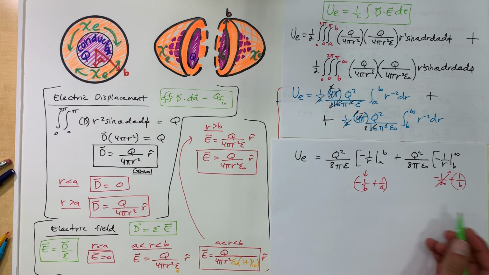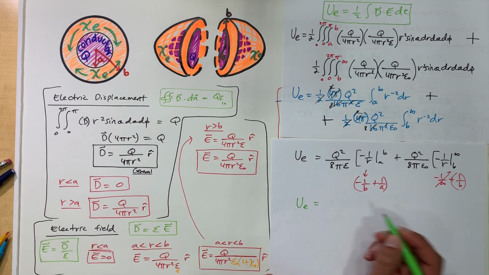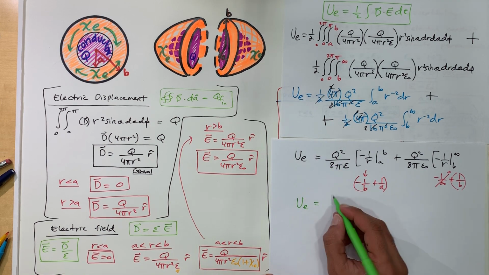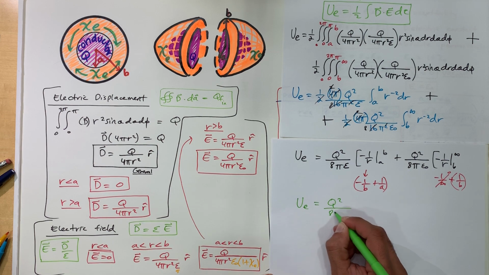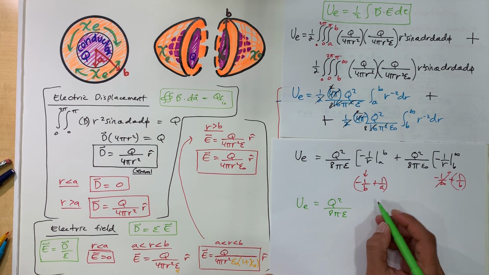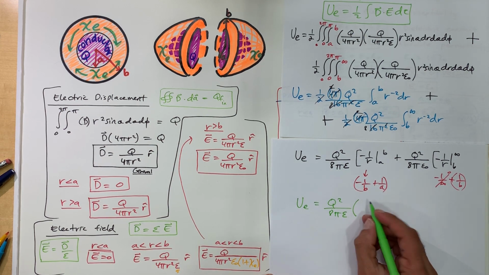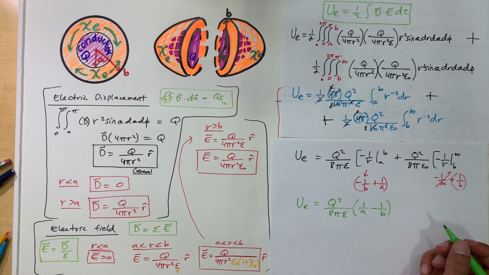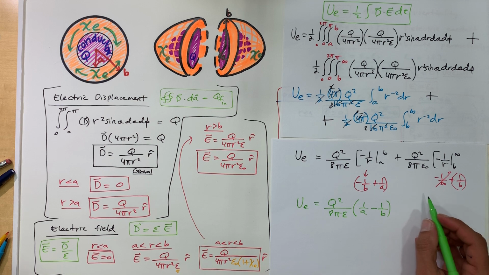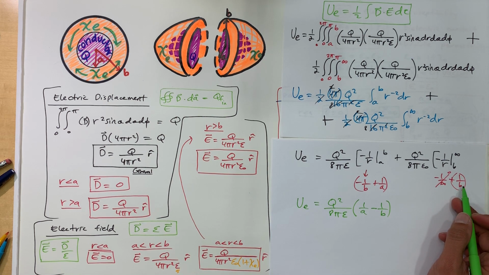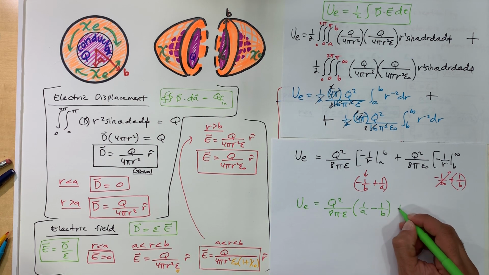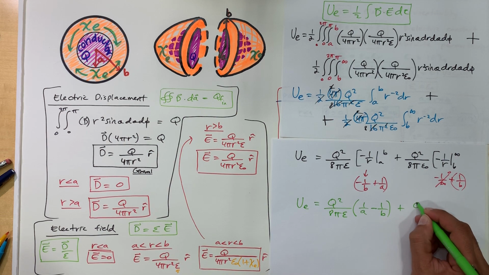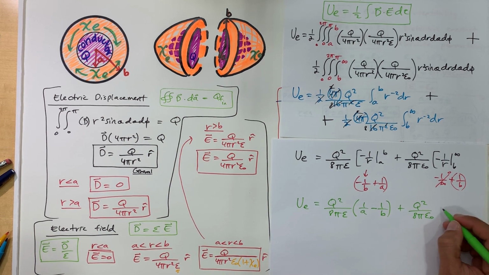U_E is equal to all this, so q squared over 8 pi epsilon. And let's just rearrange this. We got 1 over a minus 1 over b. And over here we got plus q squared over 8 pi epsilon naught 1 over b.